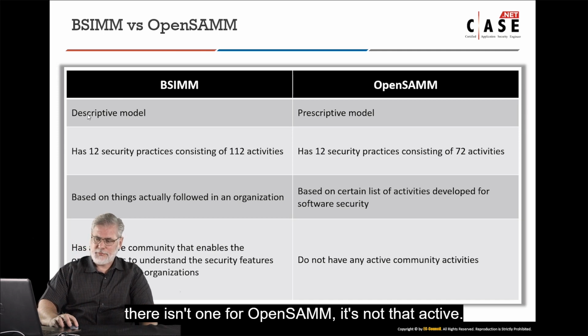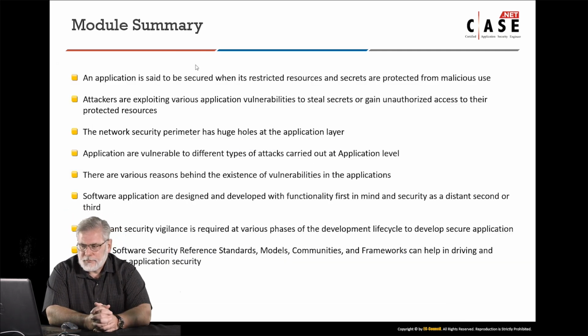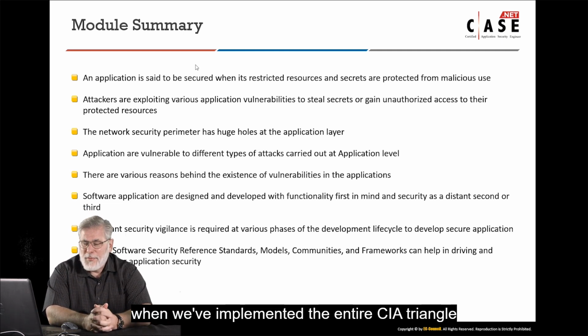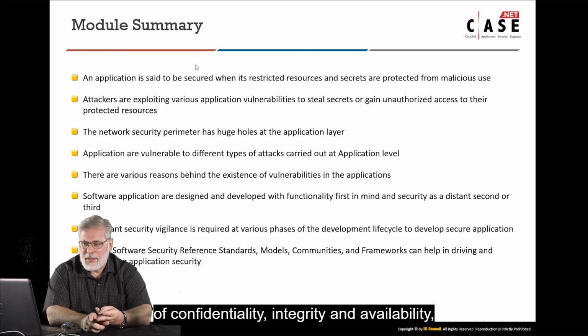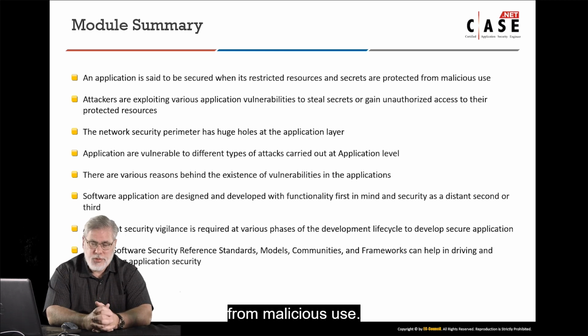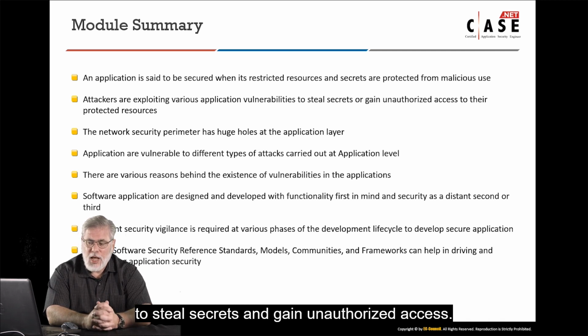It's not that active. Now, to summarize what we've talked about, an application is said to be secure when we've implemented the entire CIA triangle of confidentiality, integrity, and availability, when we've restricted resources and secrets from malicious use. Attackers are exploiting various application vulnerabilities to steal secrets and gain unauthorized access.